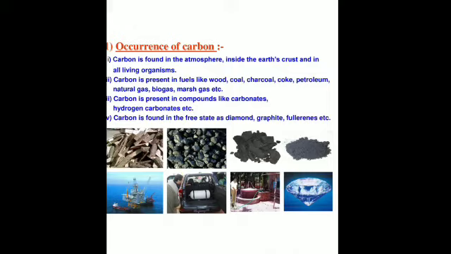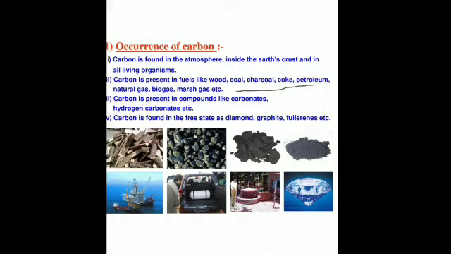Is that clear? So carbon is found in the earth's crust, and it is present in both free and combined form, that is in the free state and in the combined state. In the free state, it exists as the various allotropes of carbon, that is it is present in the form of coal, charcoal, coke, diamond. This is the free state of carbon.